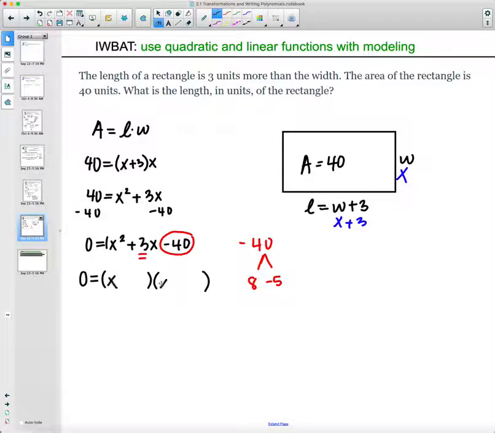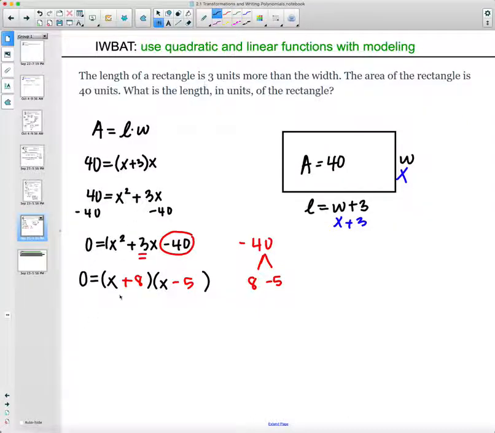So x times x gives you that x squared, and then we'll put the positive 8 and the minus 5 in here. So if you checked this, you'd have x squared when you do x times x. You'd have negative 5x, positive 8x, which would be your 3x. And then 8 times negative 5 would be that negative 40.